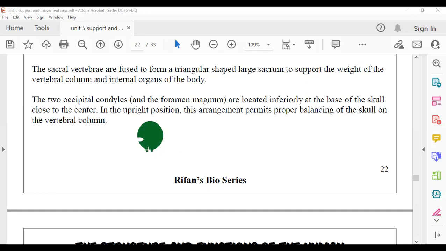Understood? Yes, sir. We have the occipital condyles situated like this. Suppose the occipital condyles are situated like this, then the vertebral column will be fixed to it in this manner, right?